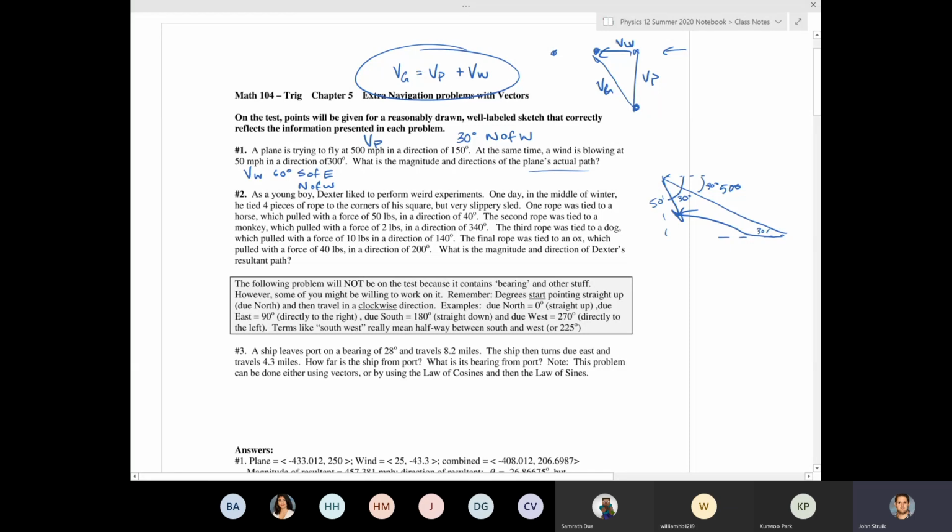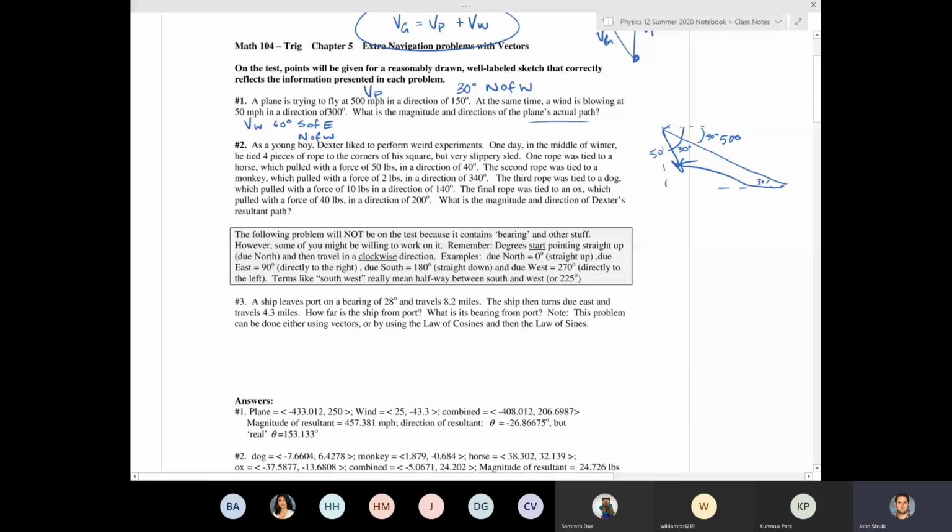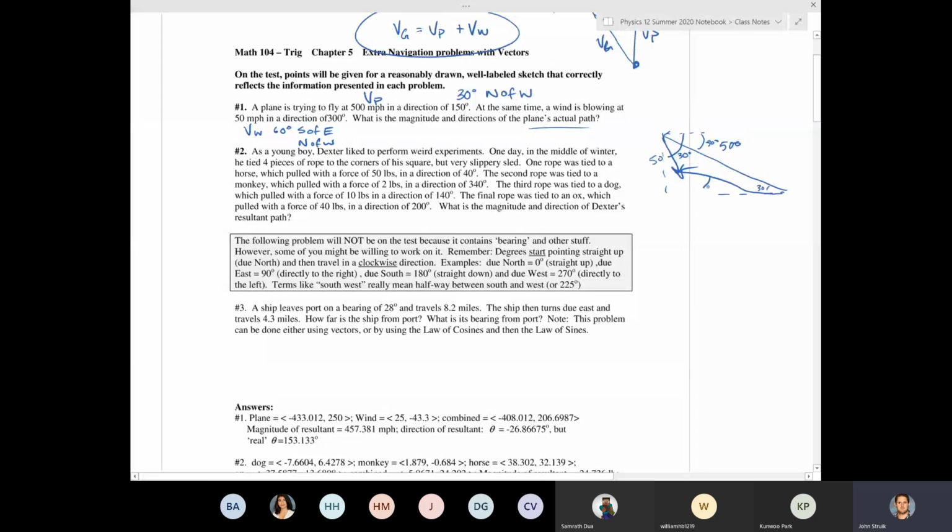And so now we can just use 30 instead of 150. 500 squared plus 50 squared minus 2 times 50 times 500 times cos 30 equals... Okay, so now I have 457, which is the right answer. 457.